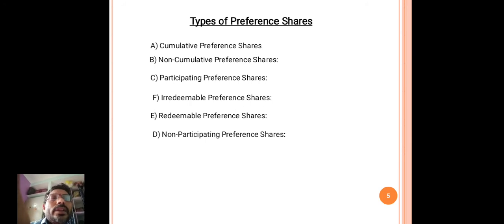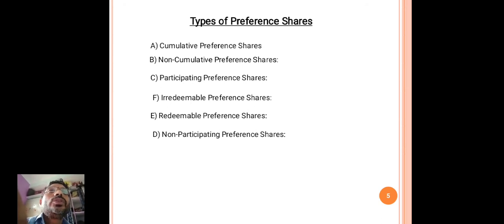And the second one is non-cumulative preference shares. I have very clearly explained all these types of preference shares in the last video or last class, and now I am giving you a brief idea. It makes a proper connection between the last class and today's class.